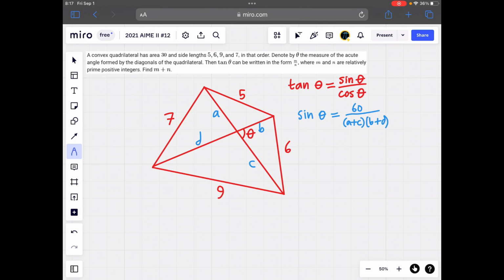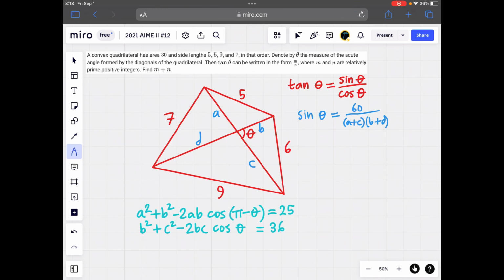And now to get cosine theta, we can use the law of cosines on each of the four triangles now, with A, B, C, D, and the angle theta. So we get, for the first triangle, A squared plus B squared minus 2AB cosine pi minus theta is equal to 5 squared, which is 25. For the second one, we have B squared plus C squared minus 2BC cosine theta is equal to 6 squared, and that's 36.